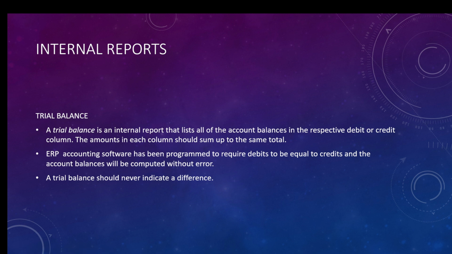Each account you have to examine whether the debit matches the credit. So that's why it says that a trial balance should never indicate a difference. If there is a difference, you have to go back, do some correction through adjustment entries, and again generate the trial balance, and note that the total at the bottom of all the debit accounts should match the credit side of the trial balance report.